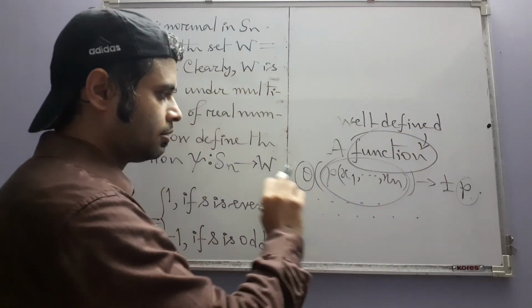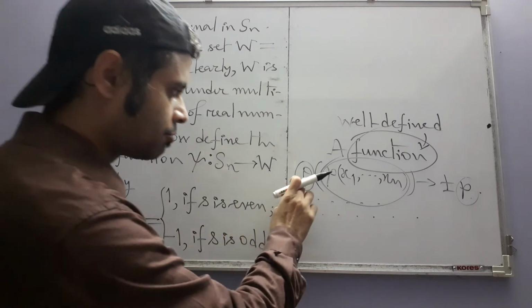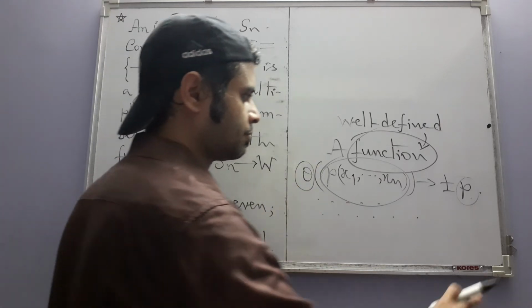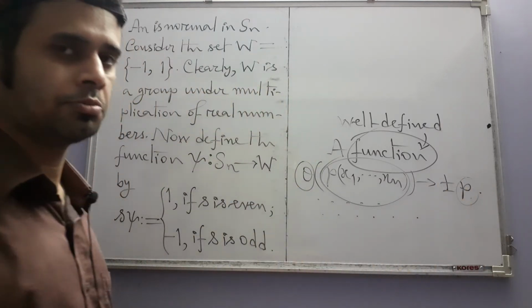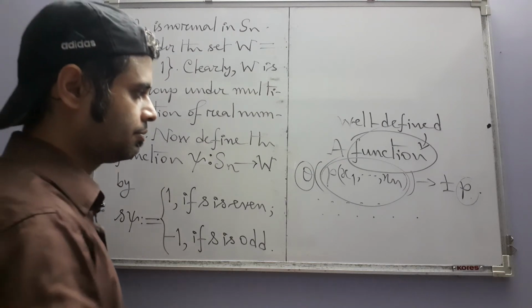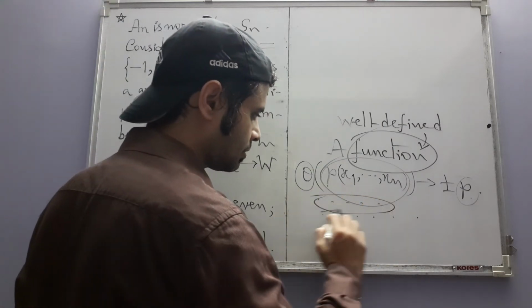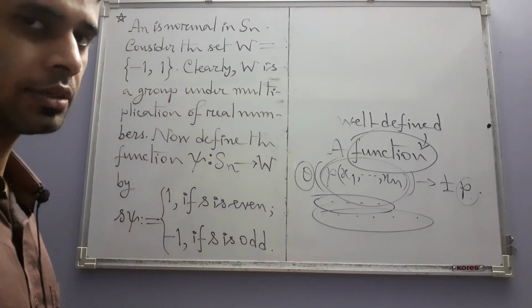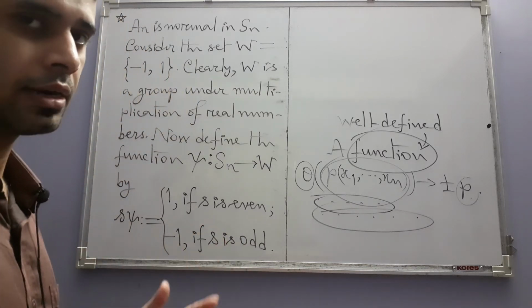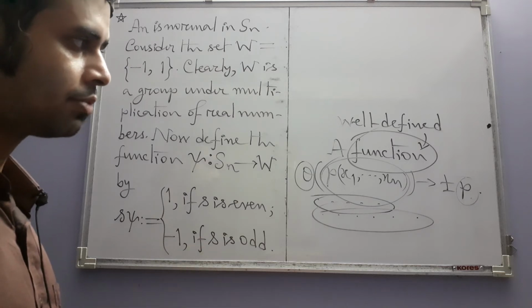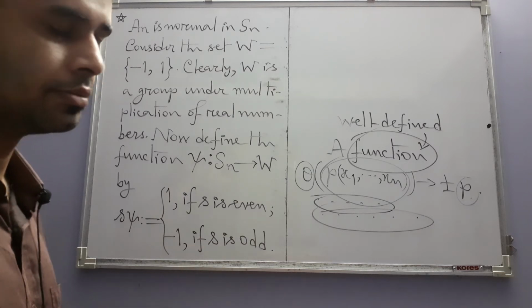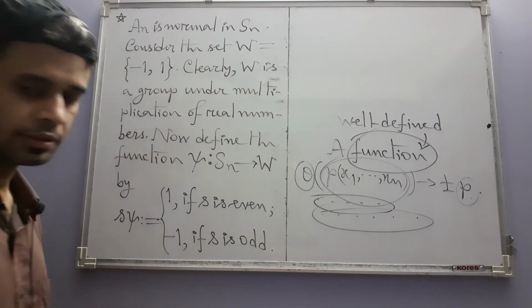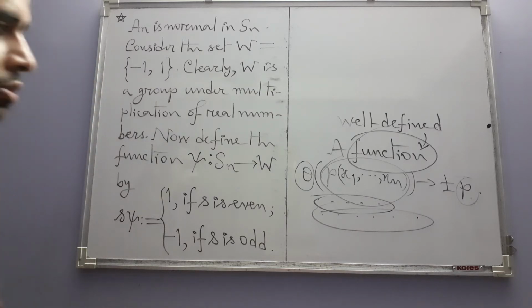So that for a given theta, there is a unique output, and that is why the expression of theta as a product of transpositions does not matter. We have to prove that. Unless we prove that this is a well-defined function, we have not done anything. We will do those things, but right now let us come back to our discussion.